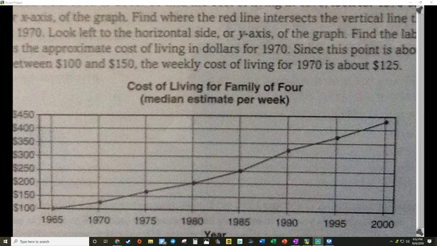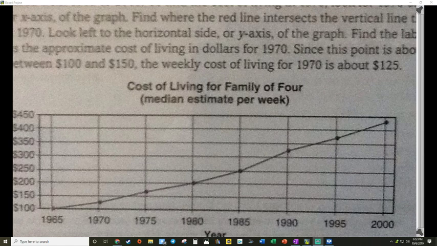Let's look at example 2. During which 5-year period did the cost of living increase the most? Now this one's a little bit more tricky. Essentially what we've got to do is find and estimate the cost of living for each year represented on the x-axis: 1965, 1970, 1975, 1980, 1985, 1990, 1995, and 2000.